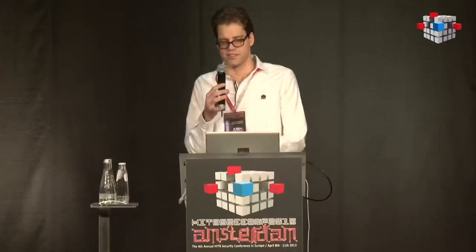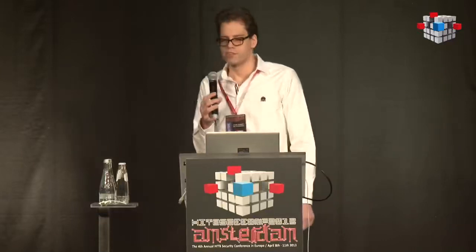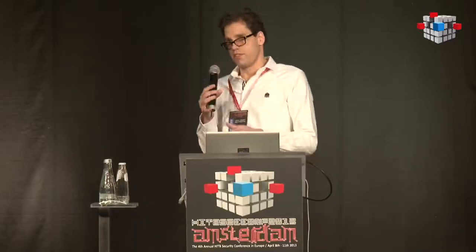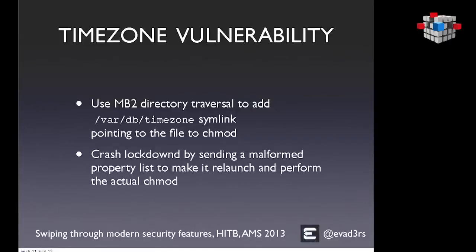So this is just perfect for our goal, and so we use the mobile backup directory traversal again to add a symlink, /var/db/timezone, and this one points to what we want to change. In this case, it's first the /var/tmp/launchd folder, and then the /var/tmp/launchd socket file.